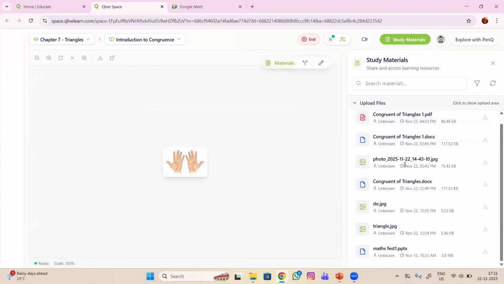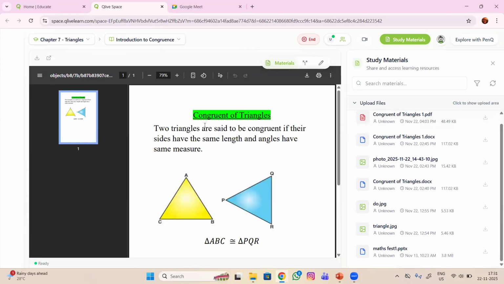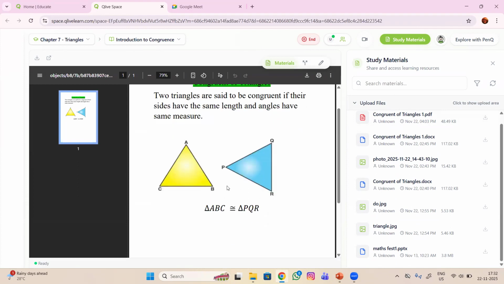So I will show you what we mean by congruence of a triangle. Two triangles are said to be congruent if their sides have the same length and their angles have the same measure. So we can say that these two triangles are equal.